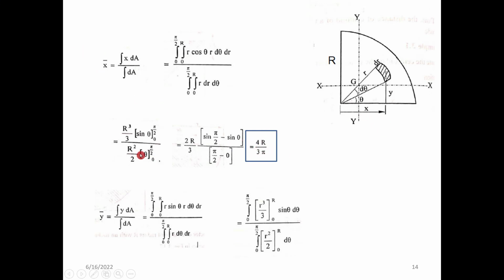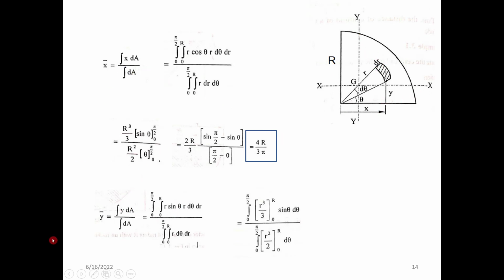That is, the centroid of this area is at a distance of 4r by 3 pi from the vertical axis. x bar is measured from the vertical y axis, and y bar from the horizontal x axis, right? So 4r by 3 pi is the x bar, and for y bar you can use the same figure.